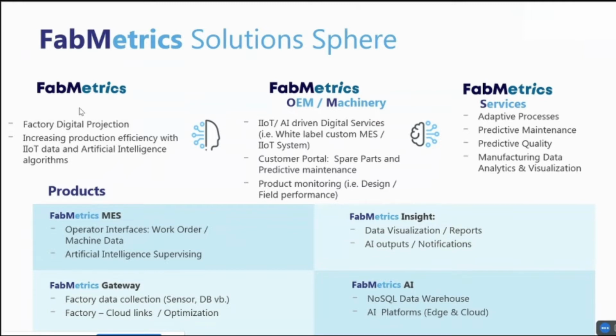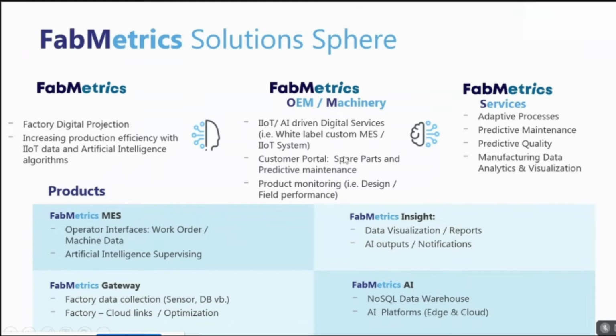So what we do is give them our platform, so they can offer the services that we offer to the factories under their own label as their own digital service. So what kind of digital services can they give?